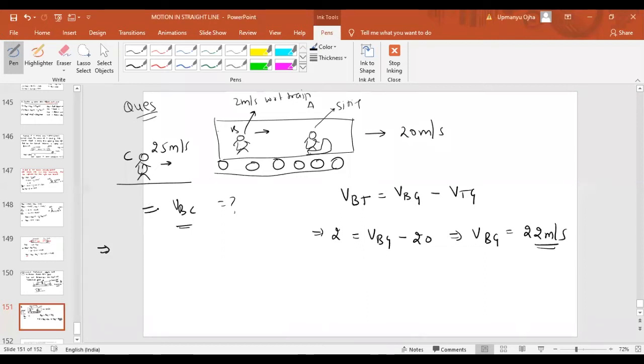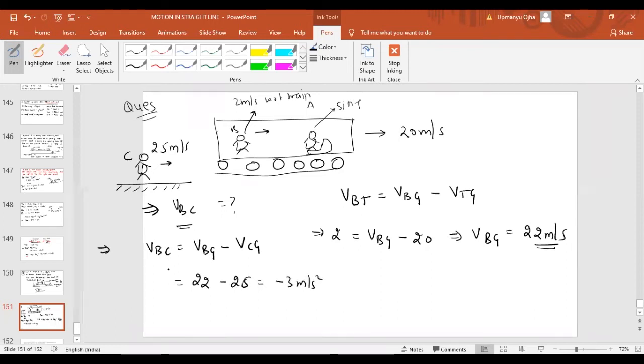We need to find the velocity of B with respect to C. So the velocity of B with respect to C is equal to the velocity of B with respect to ground minus the velocity of C with respect to ground, because we have to take one reference frame. The reference frame is the ground for both the train as well as the person on the platform. So it is 22 minus 25, which means minus 3 meters per second.